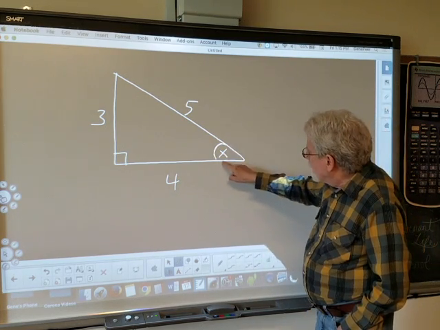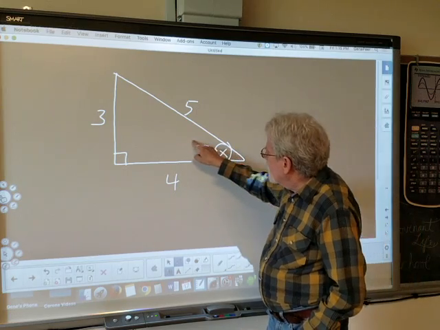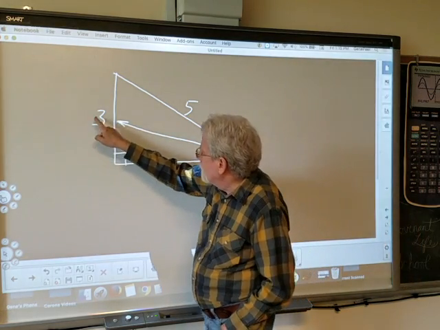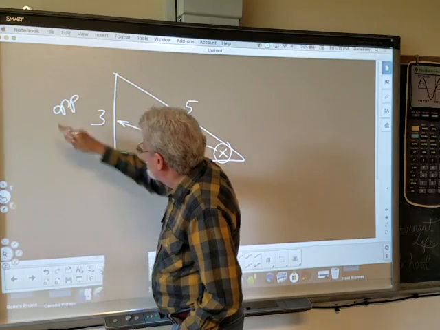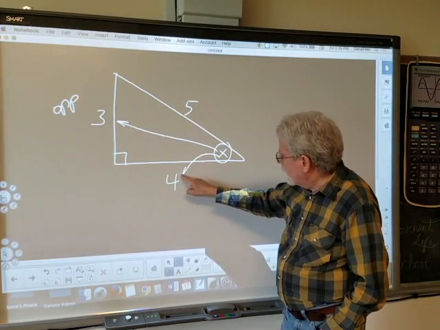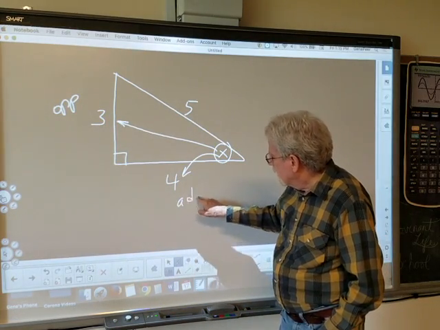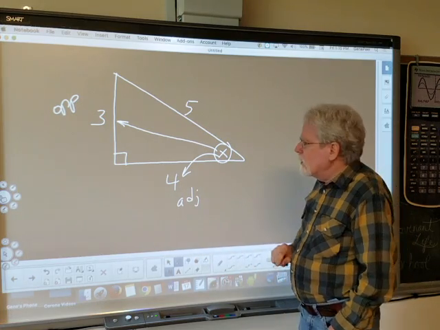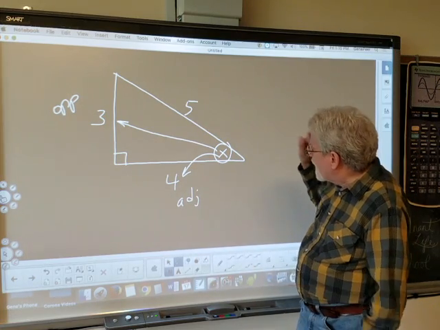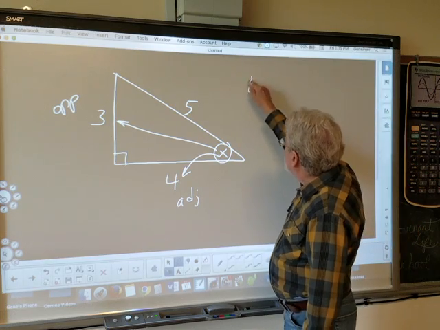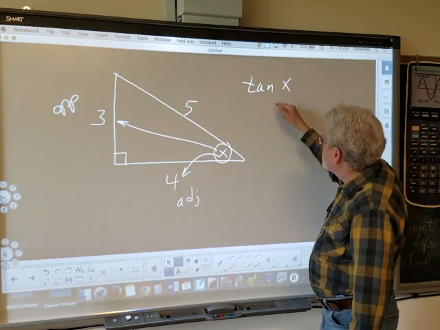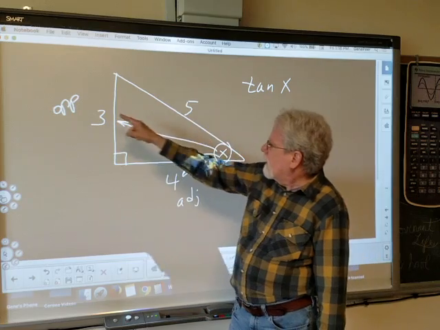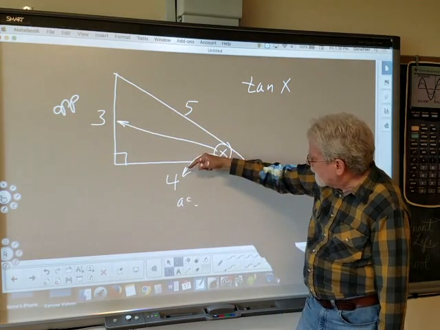We look at our angle here, and we ask ourselves, what is this? This becomes the opposite. What is this? This became the adjacent. Well, we know that the tangent of my unknown angle x must be its opposite over its adjacent.